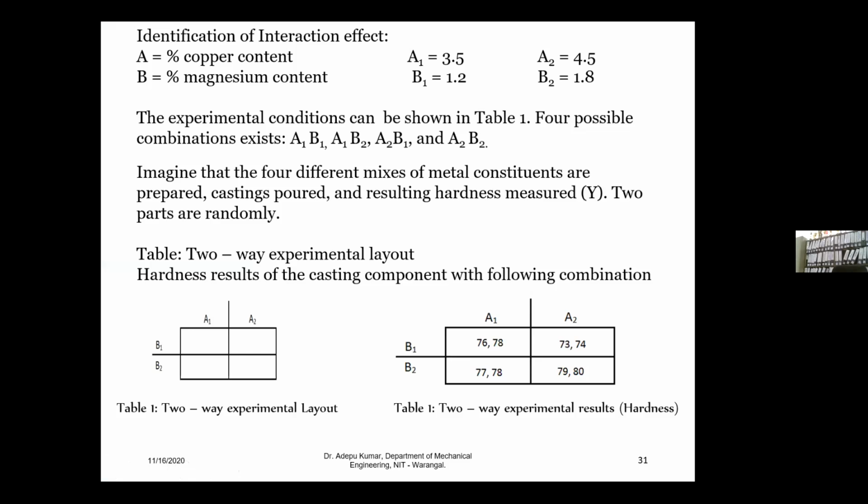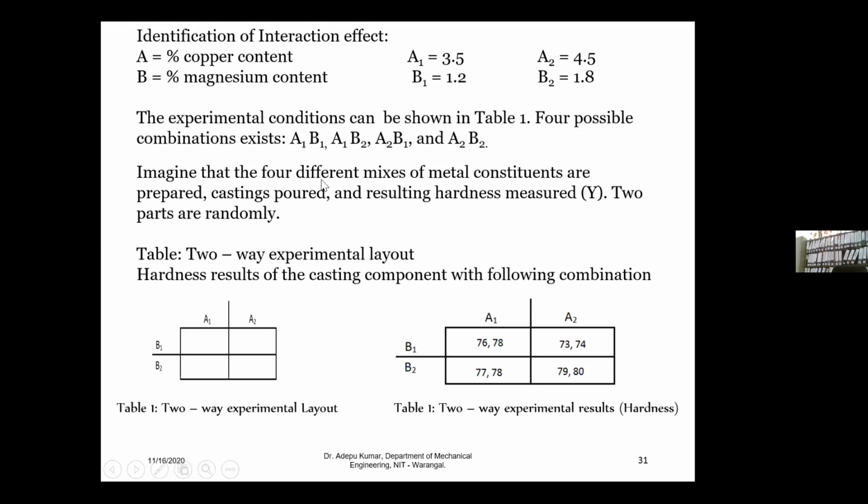So A is the percentage of copper content and B is the percentage of magnesium content. So A1 is, let us say, 3.5, A2 is 4.5, B1 is 1.2, B2 is 1.8. So with the permutation combinations, I am supposed to get A1 B1, A1 B2, A2 B1, and A2 B2.